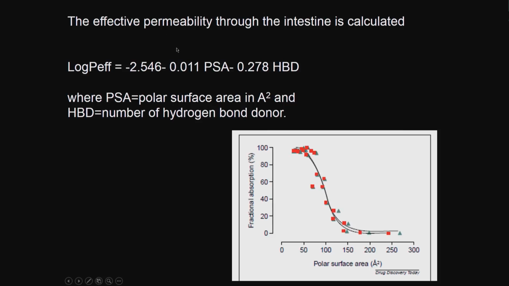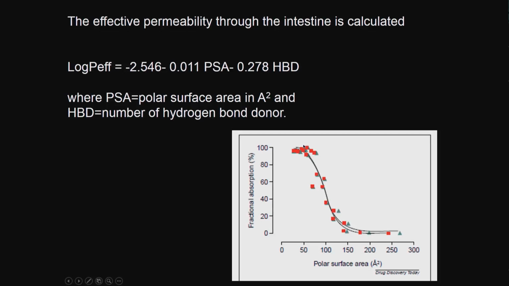And the effective permeability through the intestine is calculated from this equation, log P effective. PSA is polar surface area, HBD is hydrogen bond donors. Hydrogen bond donors means OH or NH. So, this figure was taken from this reference, as you can see, okay, as the polar surface area is low, that means it is lipophilic.